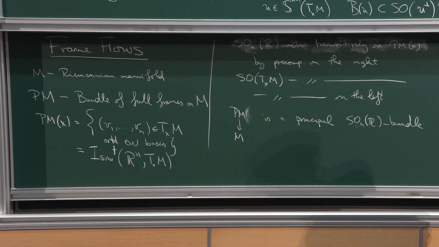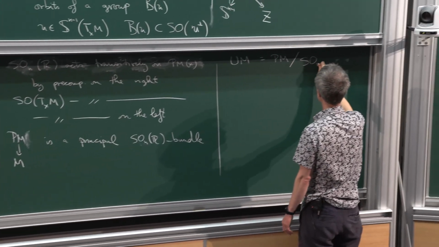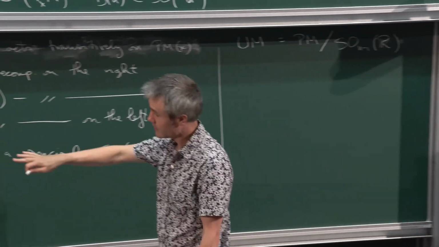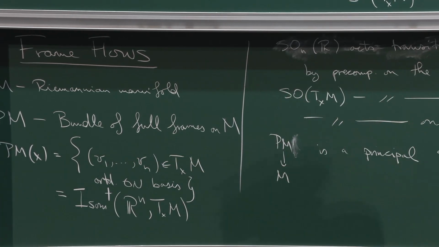Okay. So UM is simply PM divided by the group SO(n-1,R), where I act on the last n-1 elements.